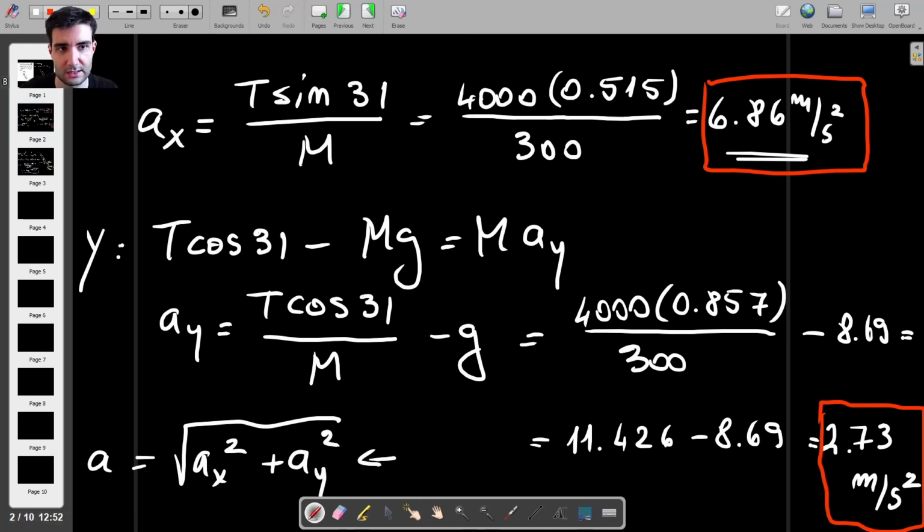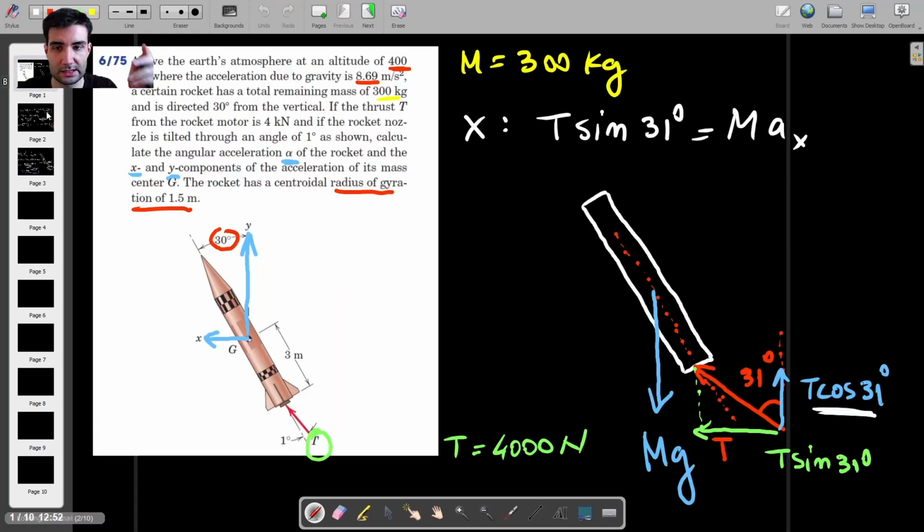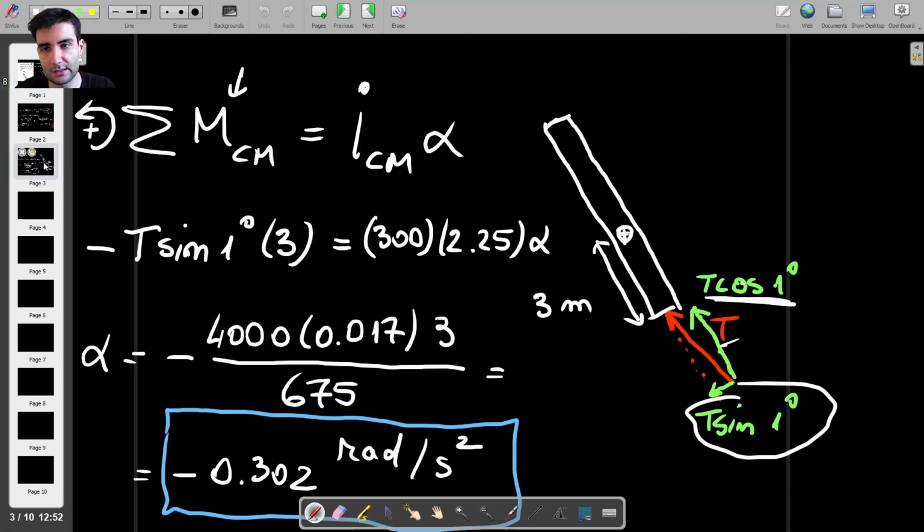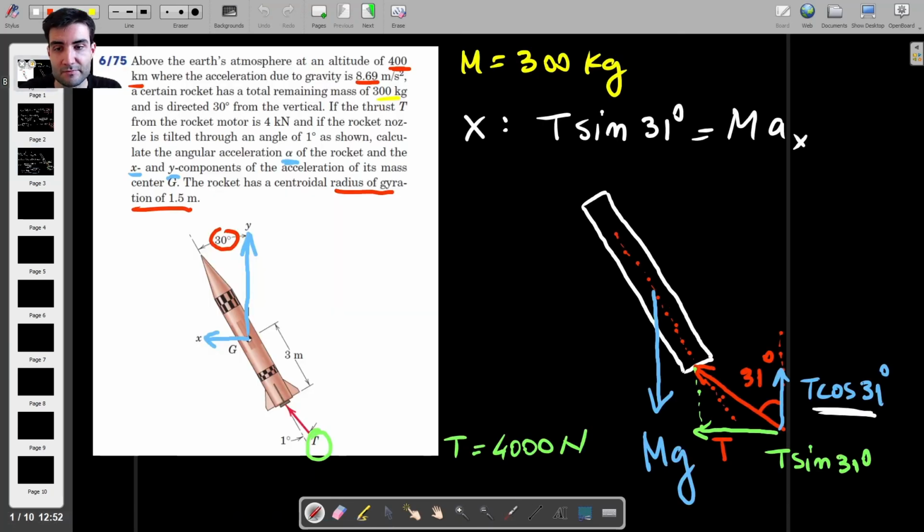You can apply this, but we found each component, they're both positive, so that means the rocket is accelerating to the left as well as upwards, and the angular acceleration is negative, meaning that there is an angular acceleration which is 0.302 radians per second squared clockwise. And that's the end of the question.